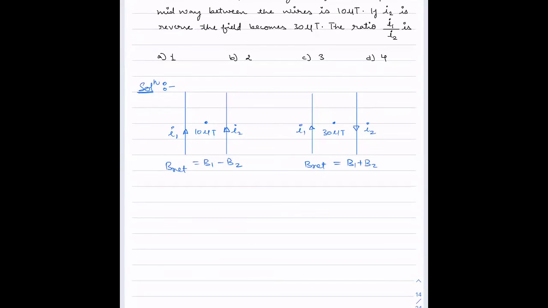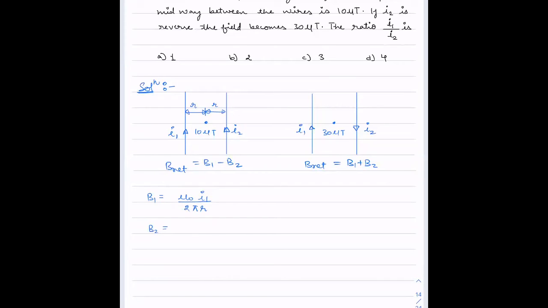Now, in the first case, what is the B1 value and what is the B2 value? In the first case, B1 will be mu naught I1 divided by 2 pi r. r is this distance, as well as this distance.